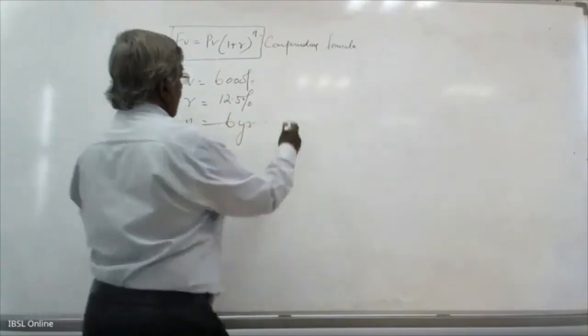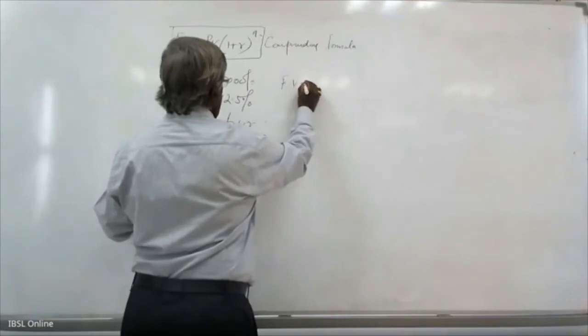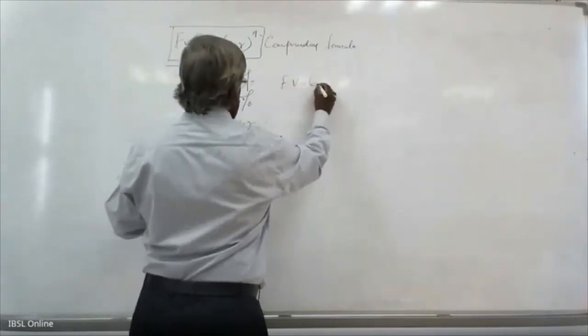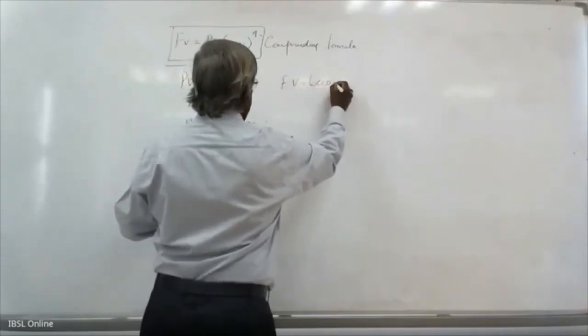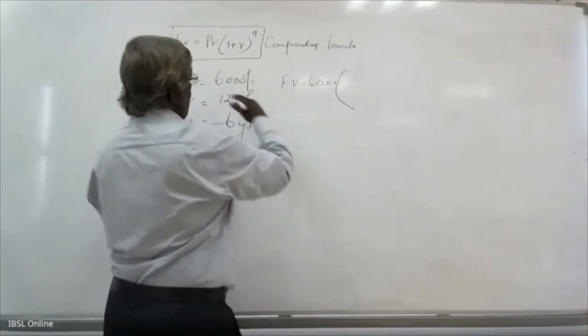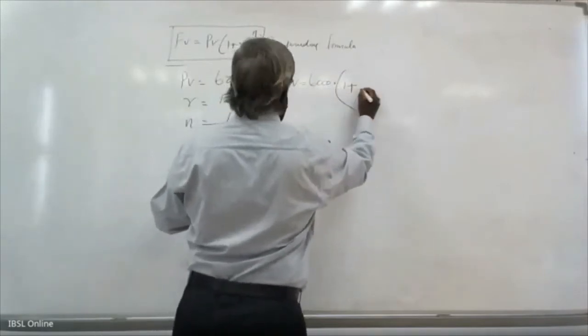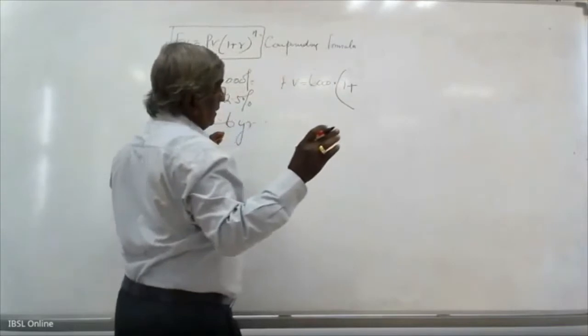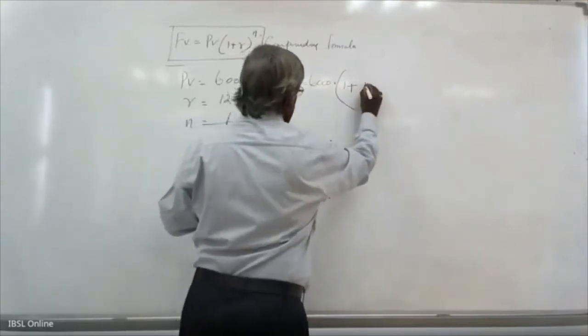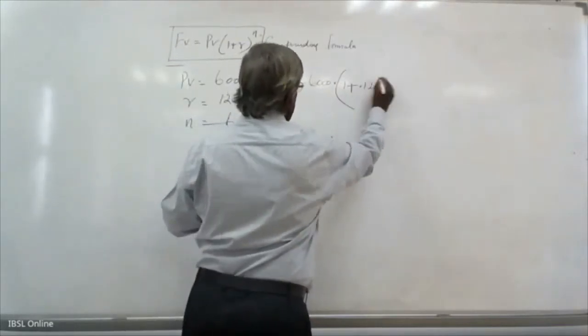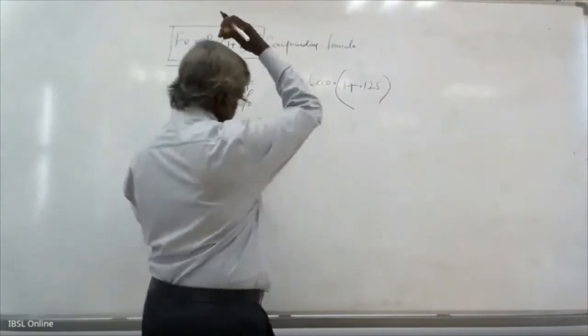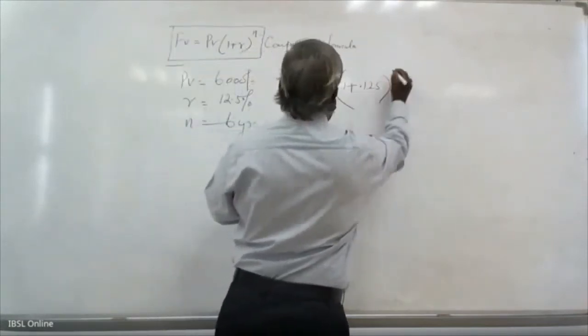So again, the formula: future value is equal to PV, 6,000, into 1 plus R, that is 12.5%, in decimal 0.125, bracket close, to the power n, that is 6.